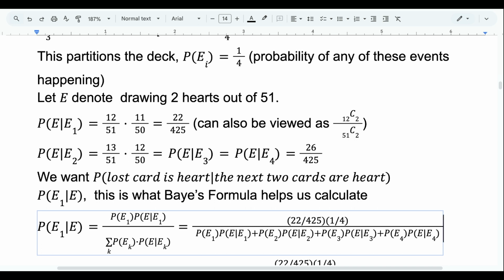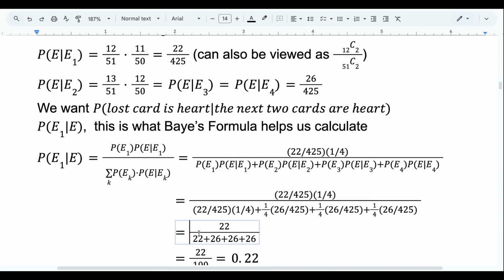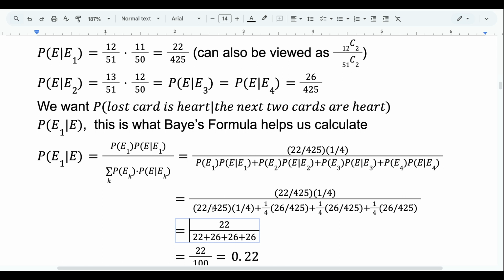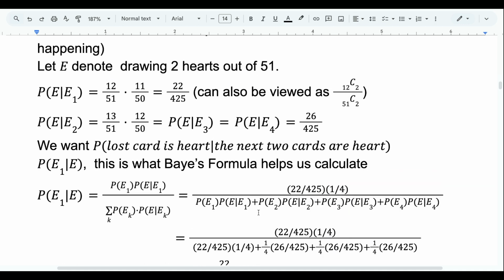And then the denominator terms here. Notice this first term is the same as the numerator. The other three terms are all the same because the probability of each suit is a quarter, and the probability of E given E2, E3, and E4, those were all 26 out of 425.